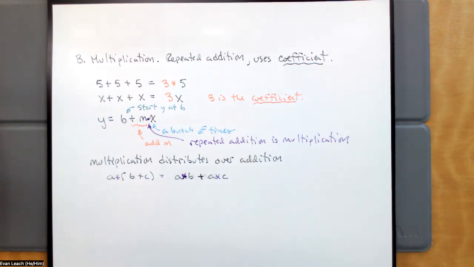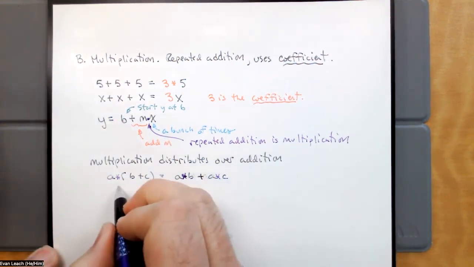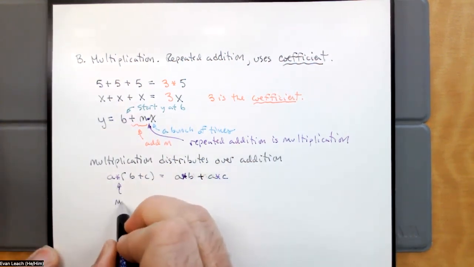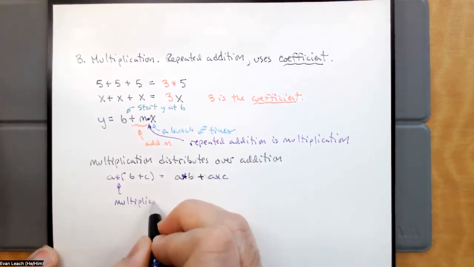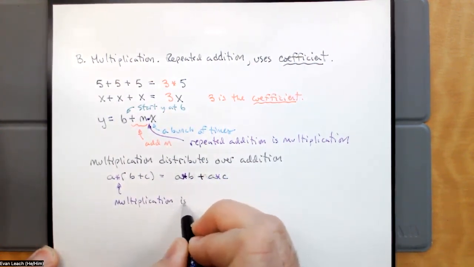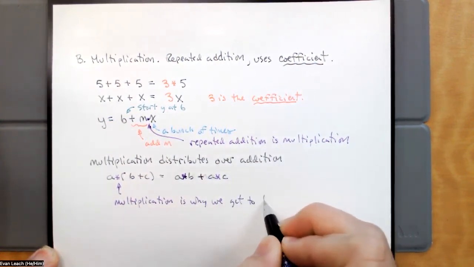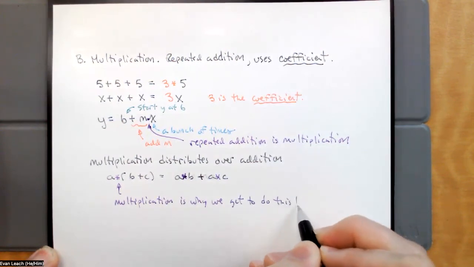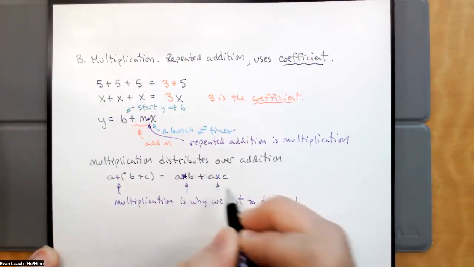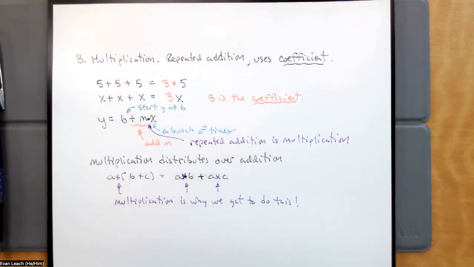So I want you to replace in your mind the phrase distributive property with multiplication distributes over addition. It's multiplication. That's why we get to do this.